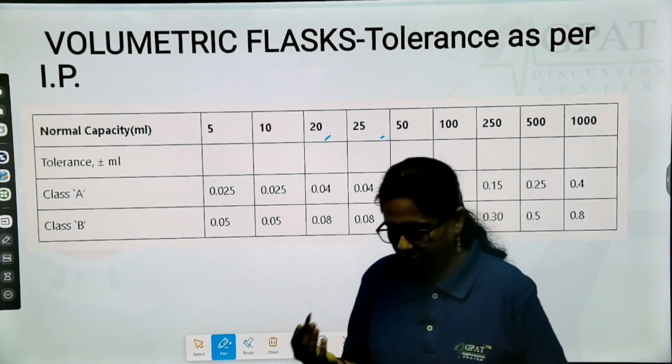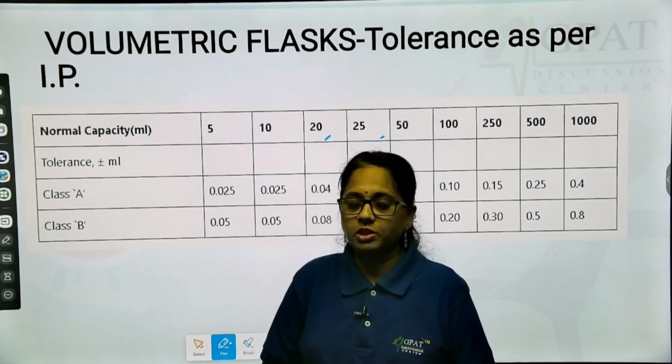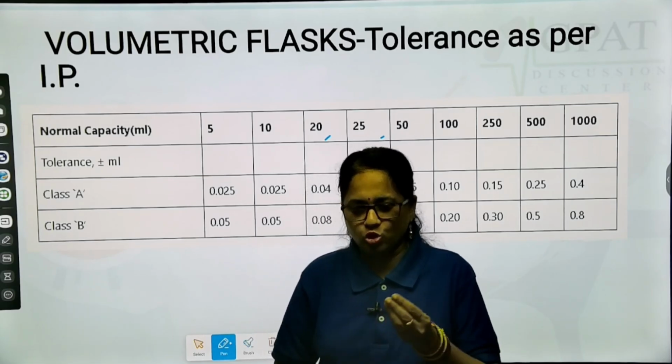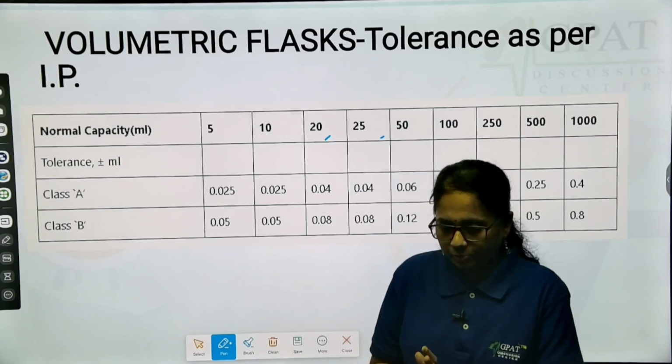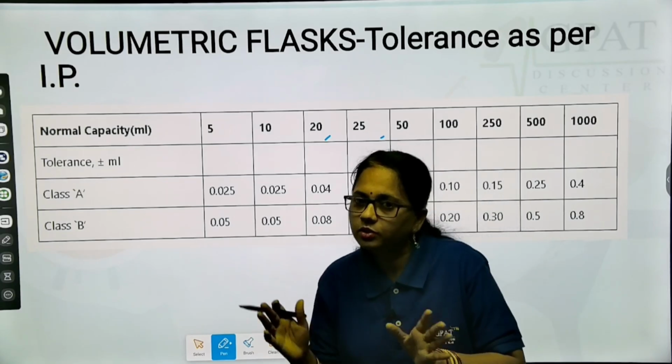Because pharmaceutical analysis is performed at the milligram or microgram levels, we are going to discuss the optimum ranges for laboratory glassware.